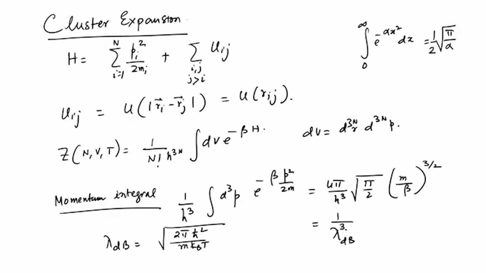So finally, the partition function that we have to calculate, the canonical partition function Q(N, T, V), is equal to 1 by N factorial lambda to the power 3N, where all those h etc. are embedded in this lambda, and then you have d^3N r.